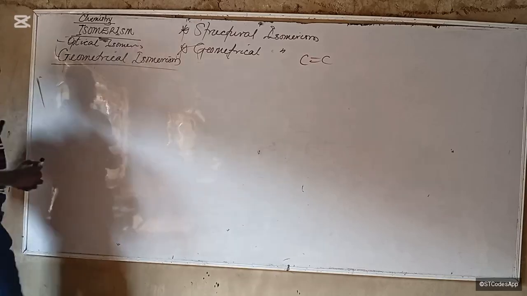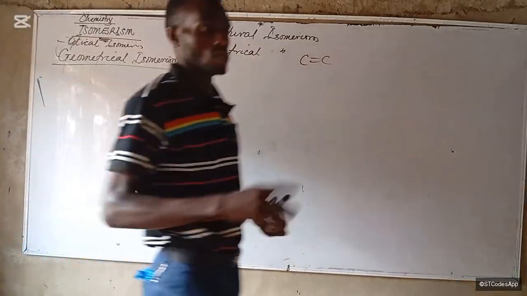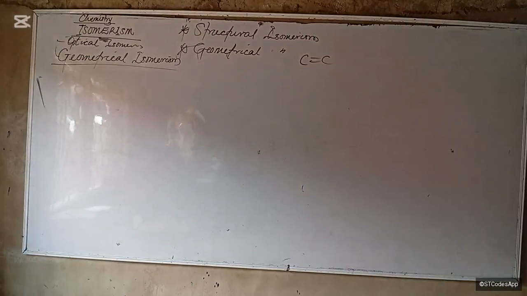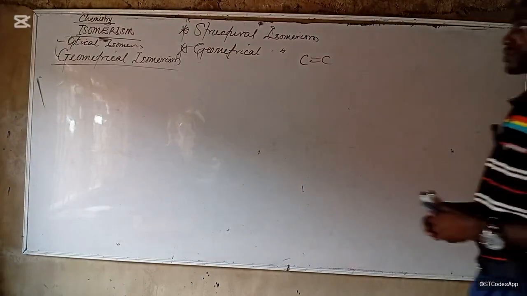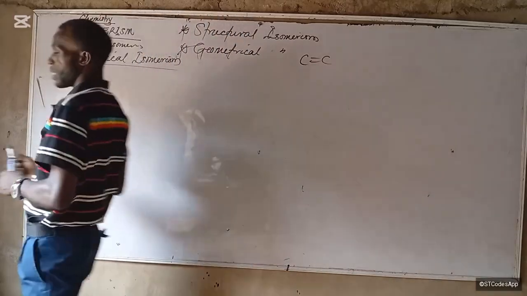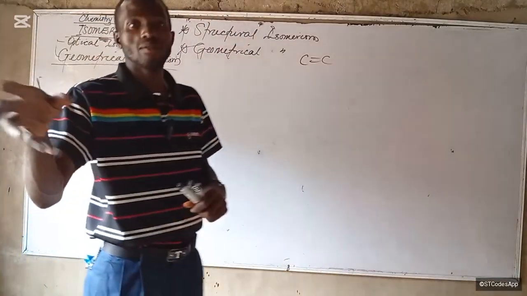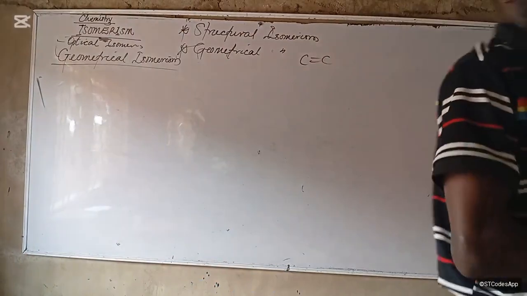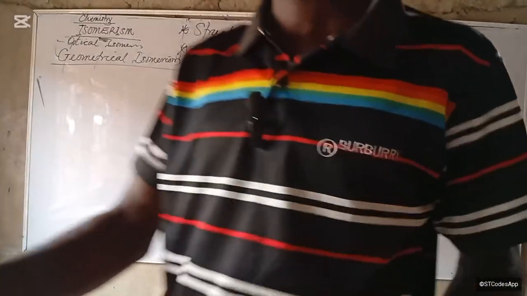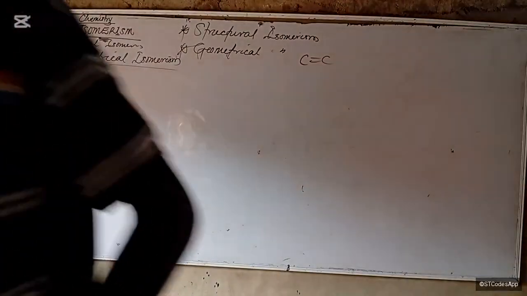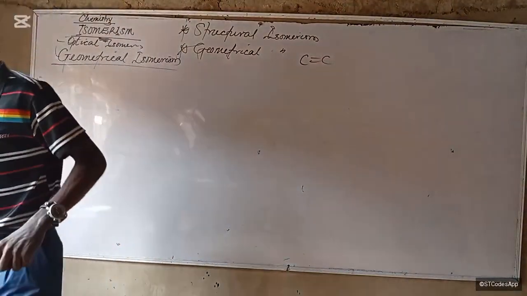So with optical isomerism, we have to learn what is called chirality. So now let's go. So, geometric isomerism. There are two forms. Consider an ethene molecule.